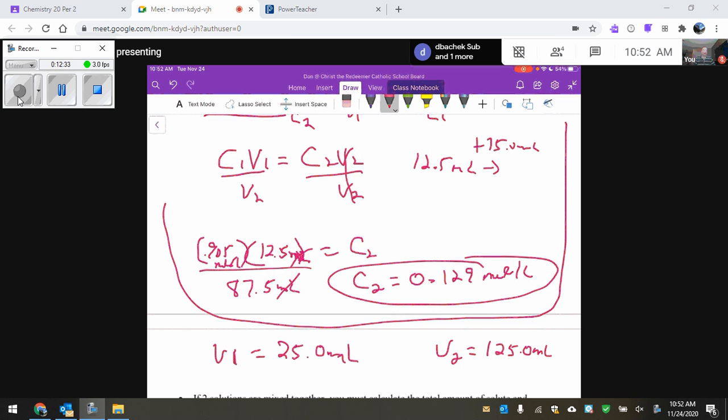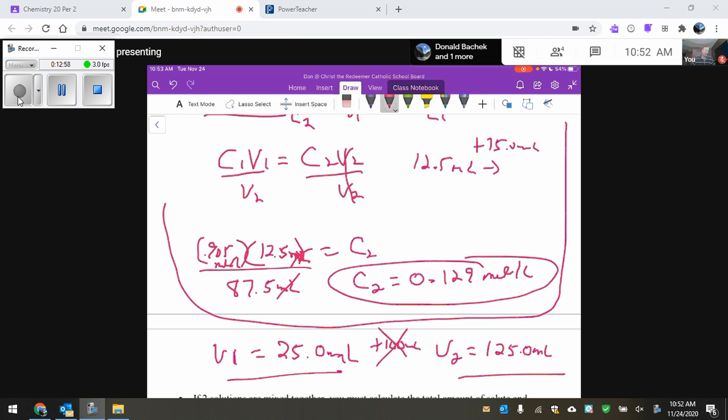So you're not going to have to worry about the addition part. How much did I add? Well, I added 100, but that is irrelevant in the formula. I want just the initial volume and the final volume. That's all I care about, V1 and V2.